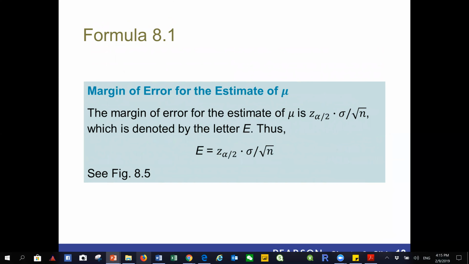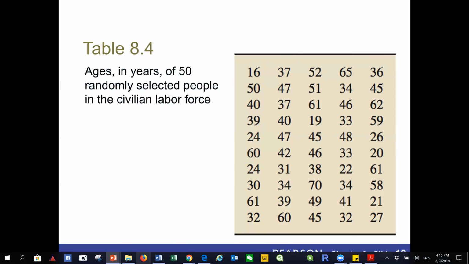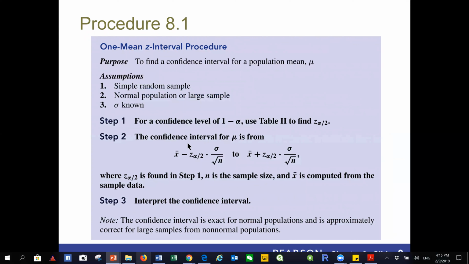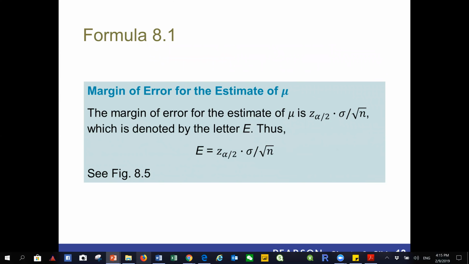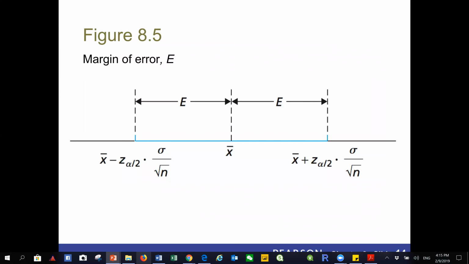This part, Z alpha over 2 times sigma over square root n, we call the margin of error, and we denote it by E. If you add plus or minus the margin of error to X bar, you will be able to construct the confidence interval like this. And we say that 95% of the time, this interval includes the population mean mu.